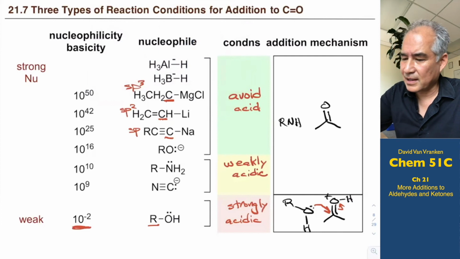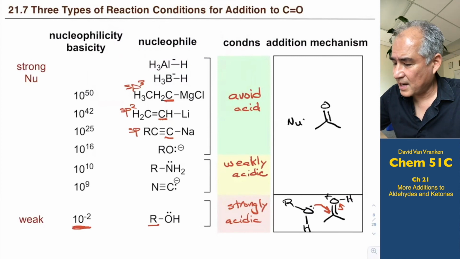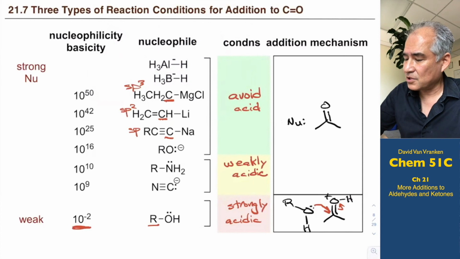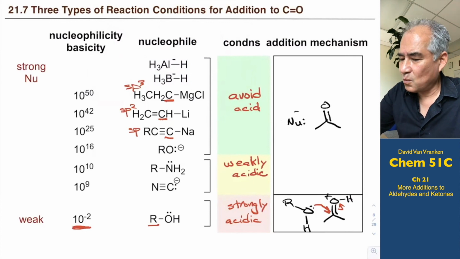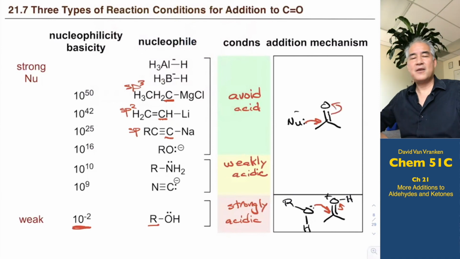Instead of focusing on one class, I'll just write Nu. All of these other reagents are so nucleophilic that we don't need to protonate the carbonyl. They'll just add right in quickly with fast rates and no need to protonate the carbonyl.